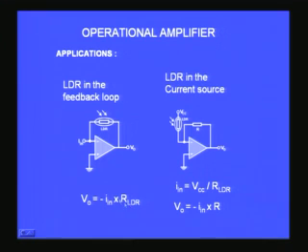So here R LDR is the one which is proportional to the intensity of light falling on that, therefore V output is equal to minus I in into R LDR can be used to measure the intensity of light falling on the LDR. So it becomes a lux meter to find out the light intensity.